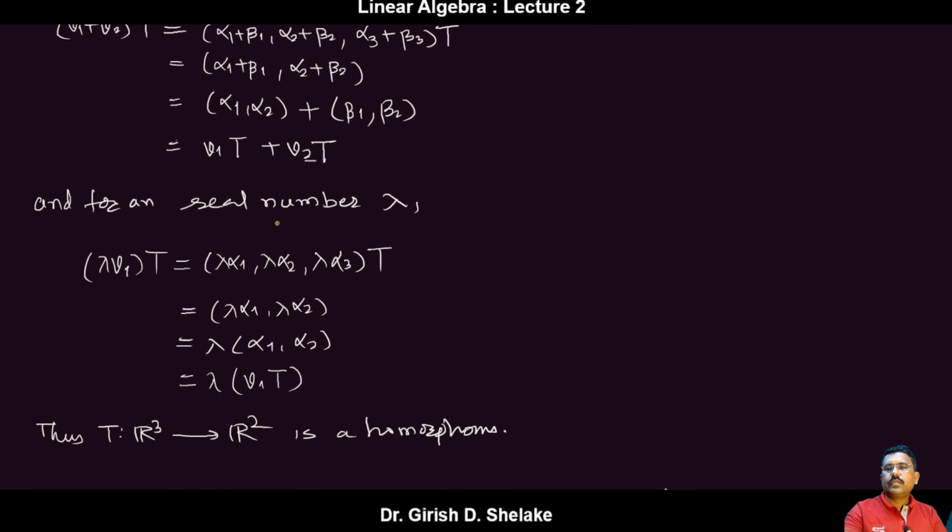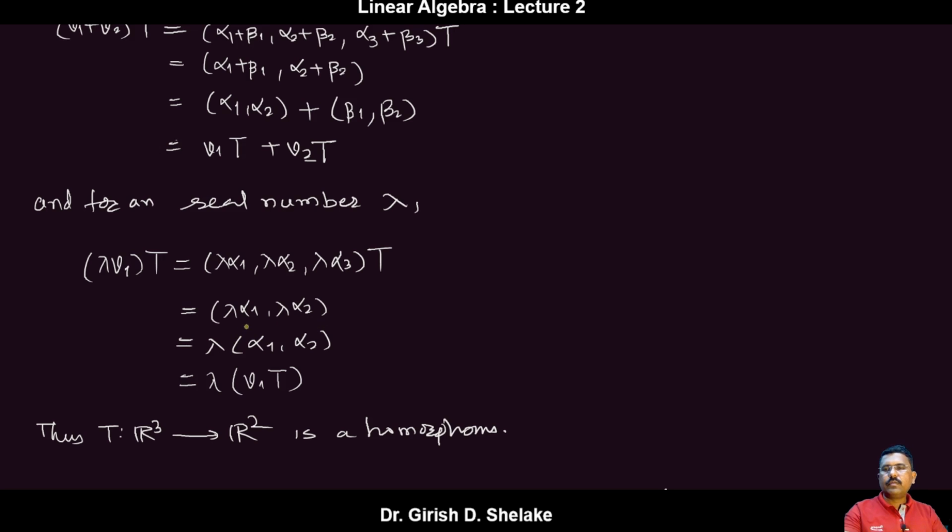Now we consider a real number lambda. Then lambda times v1, operated by t: by definition of scalar multiplication, lambda times v1 is (lambda alpha 1, lambda alpha 2, lambda alpha 3), and this triplet is in R3. When we operate it by t, by definition it will give (lambda alpha 1, lambda alpha 2).